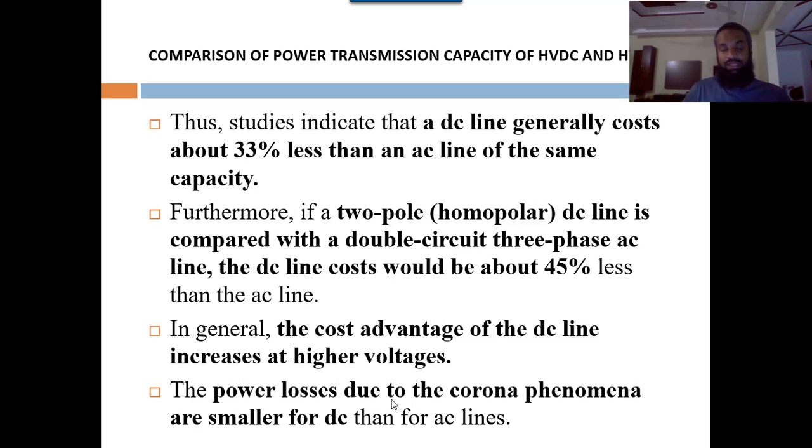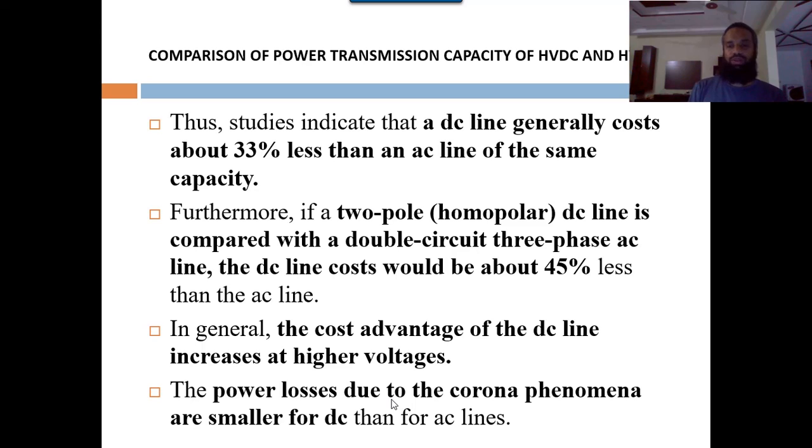Now, an important thing is that for the DC, the cost is almost 33% less than the AC system to be installed, because the tower structure is different, wires are different, and the losses are minimized. So the HVDC system is much better than the HVAC system.